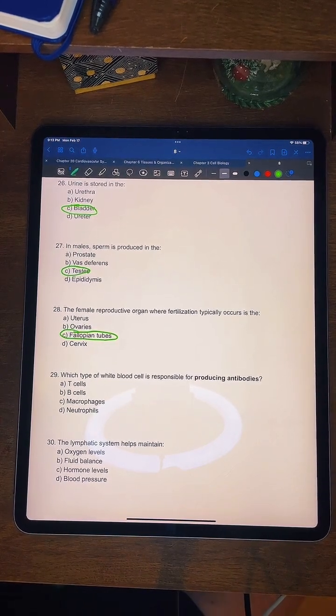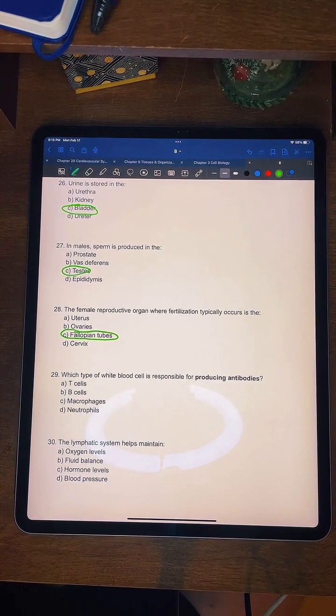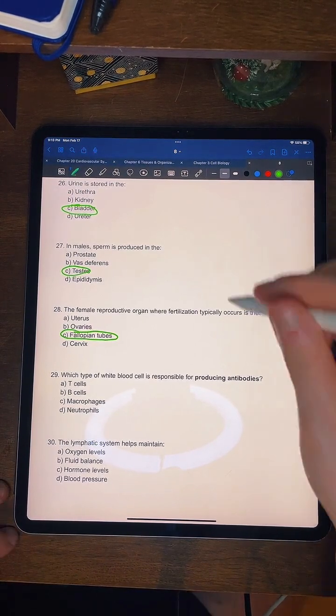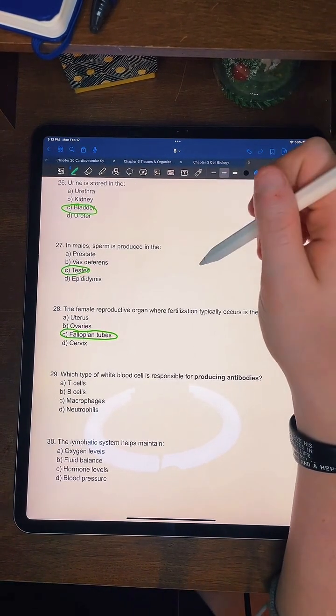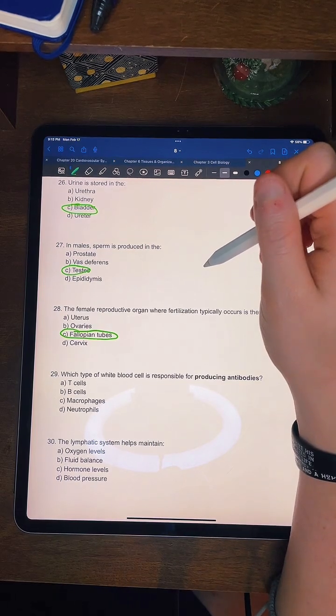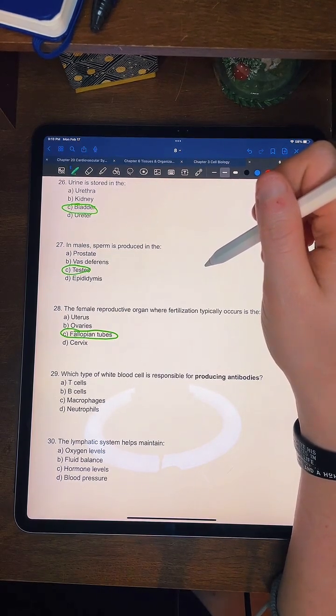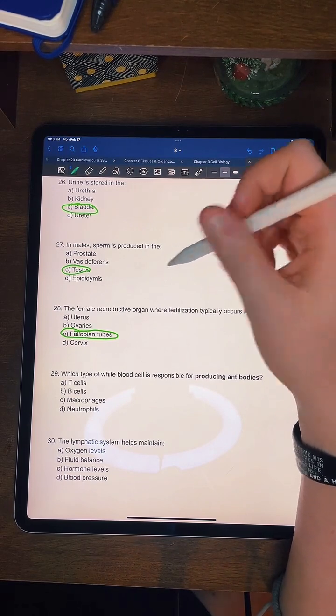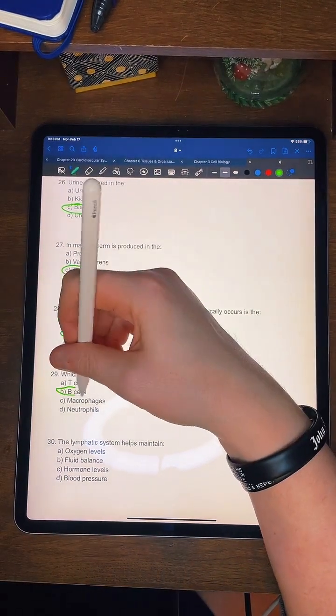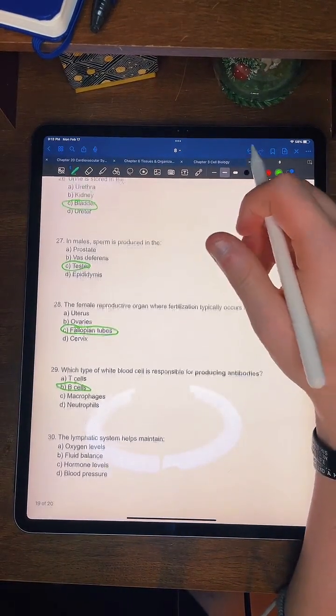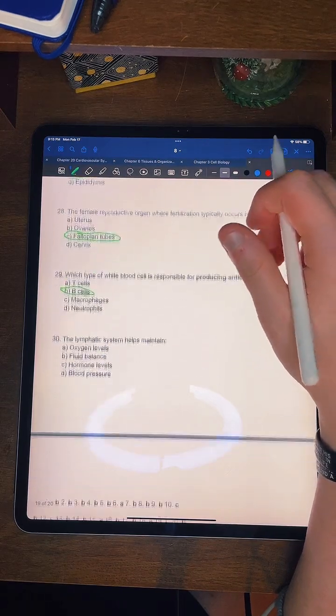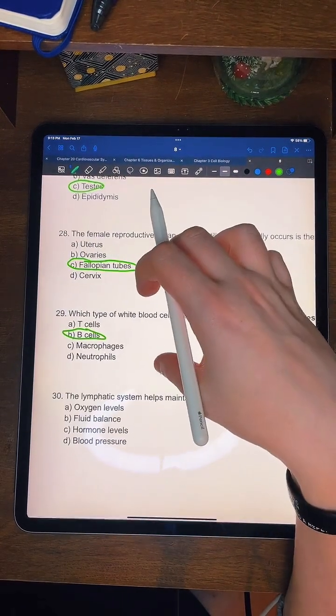What are we doing here? 29 is... I'll give you guys a couple more seconds here to answer. 29 is B cells. They produce antibodies. I have that.